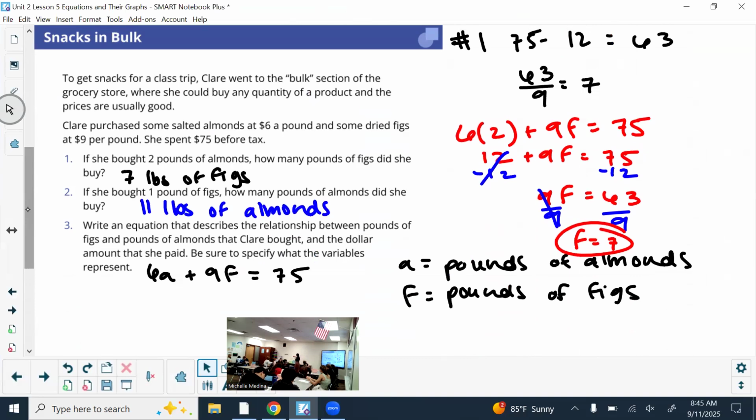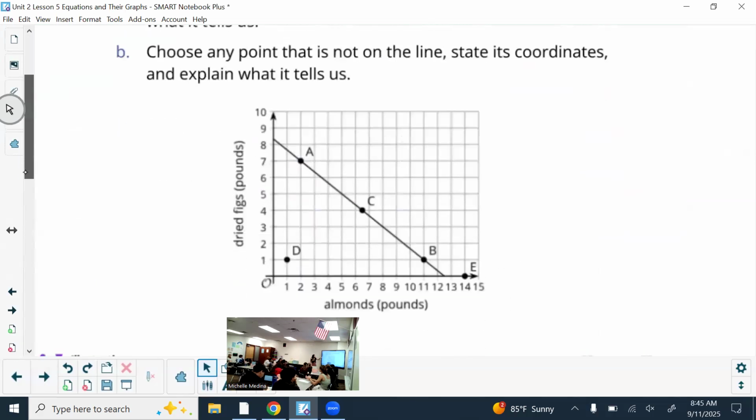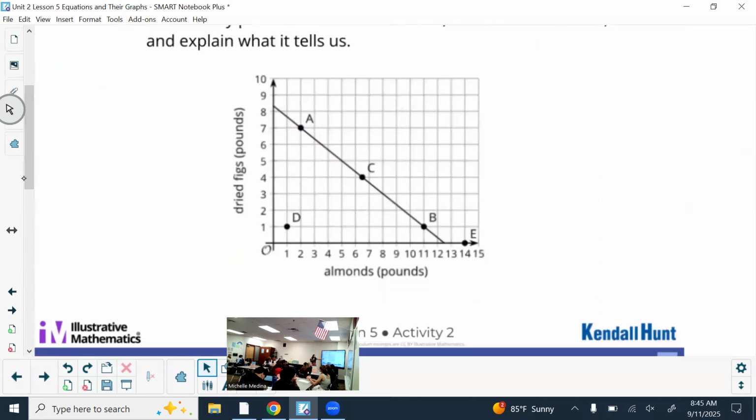So you kind of see on your paper, you have a graph. First let me explain the graph a little bit. So notice what they have on the axes. They have almonds on the x-axis and the dried figs on the y-axis. I know we were talking about independent versus dependent.